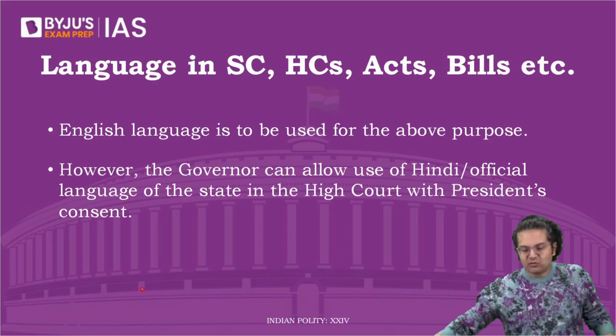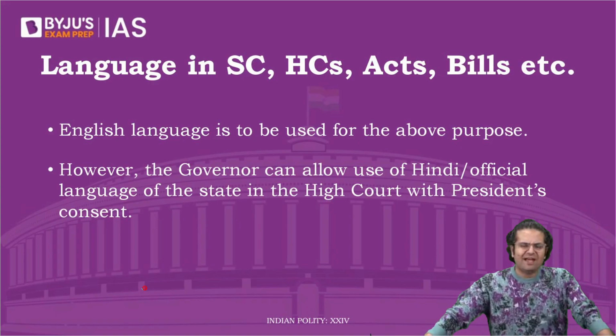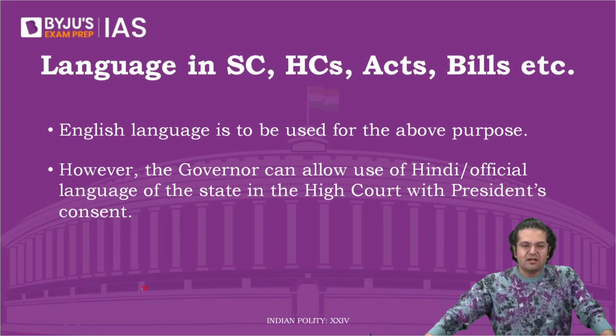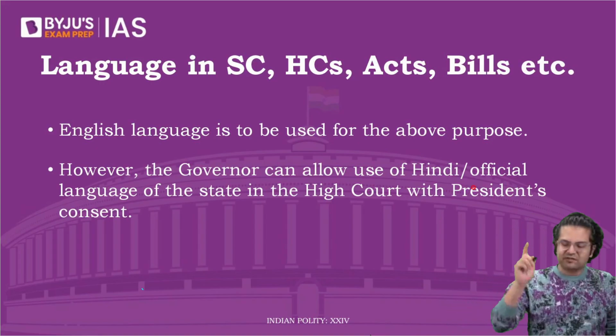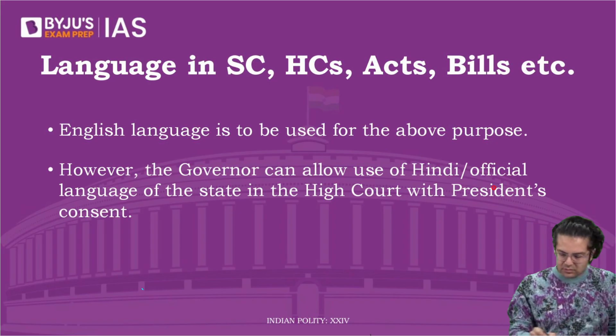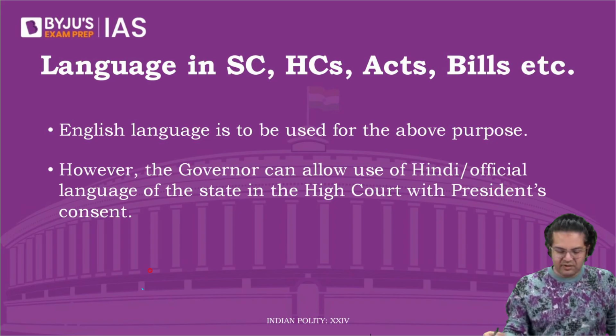Then this is Article 348, very simple and easy to understand. The language in Supreme Court, the language in High Courts, acts, bills, orders, ordinances, everything. What is the language to be used? English. Right? English. But the governor can allow the use of Hindi or the official language of the state in the High Court with the president's prior consent.